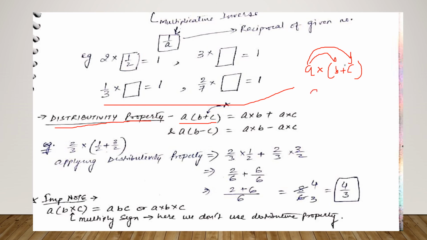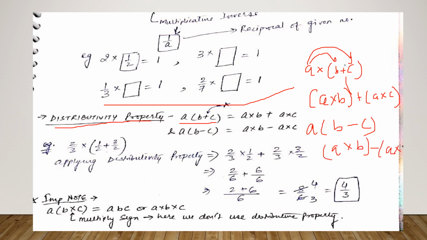So it's like this: a into b, then a plus sign will come, a into c. This is known as the distributive property. Similarly, a into b minus c is a into b minus a into c, this way.